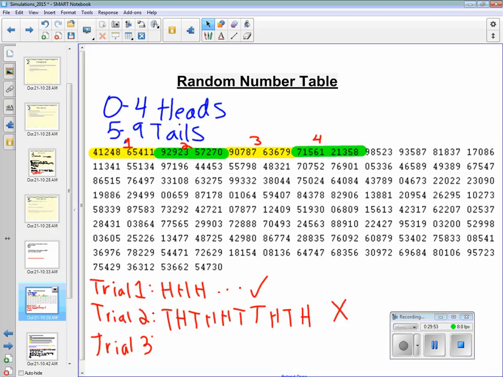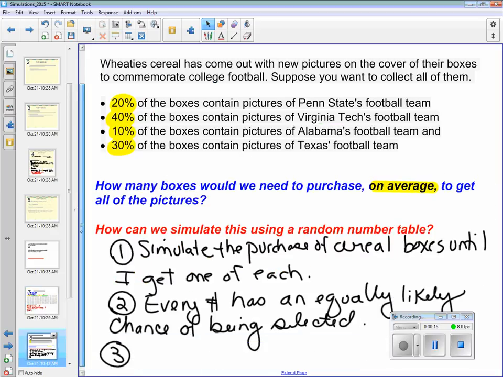I'm going to look at groups of 2. Like 41, 24, 86, 54, 11. You're going to look at 2-digit numbers, okay? And so that might happen for us if we have a percent that deals with anything other than a single digit, okay? So let's assign our numbers here.